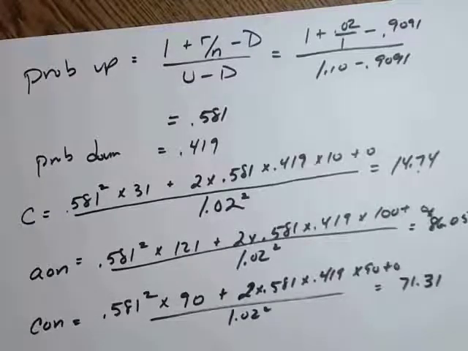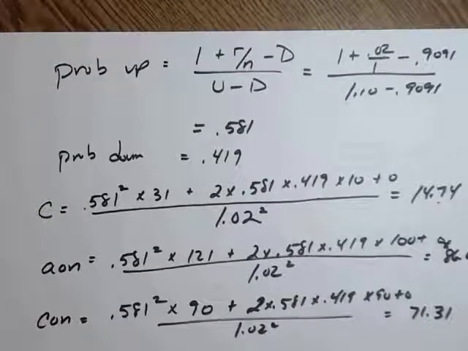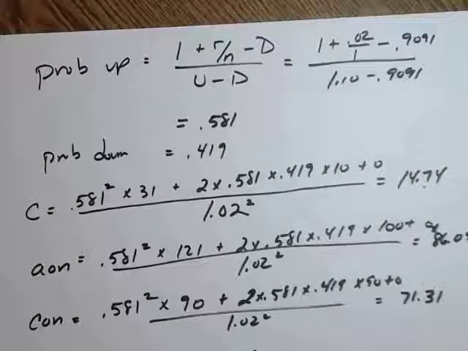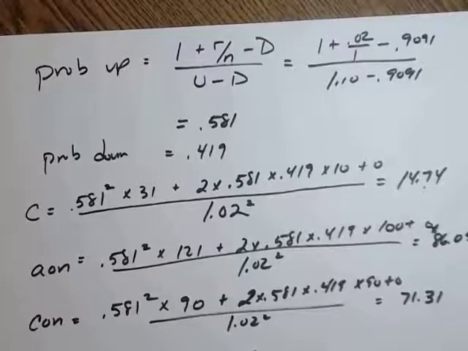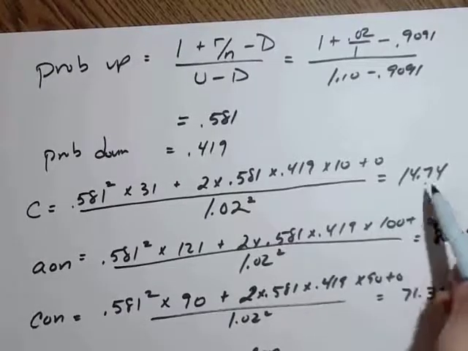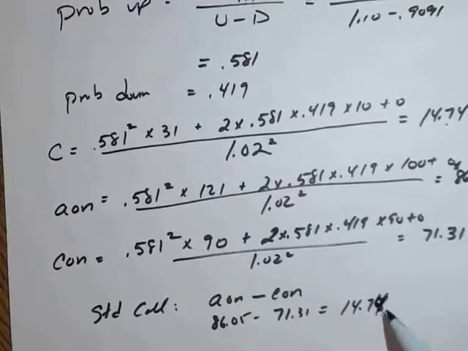And so now we have the standard call, which would be an asset or nothing minus a cash or nothing, because that's the short cash or nothing. This turns out to be 86.05 minus 71.31, which equals 14.74. And there you have it. It matches the standard option.